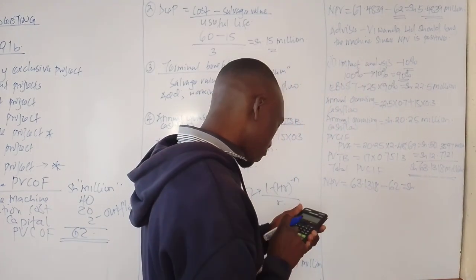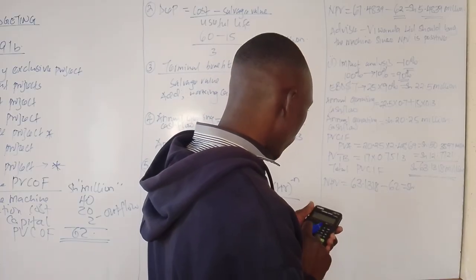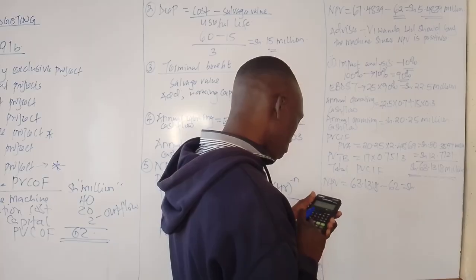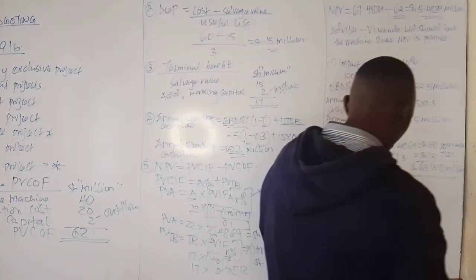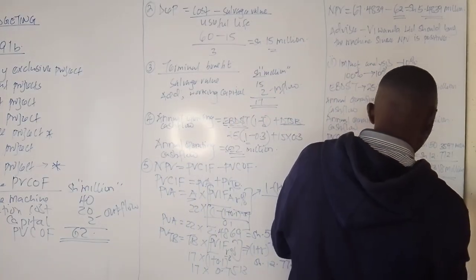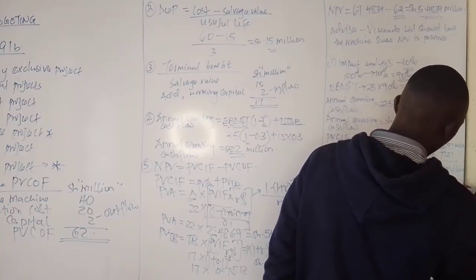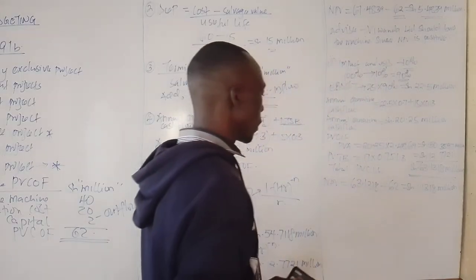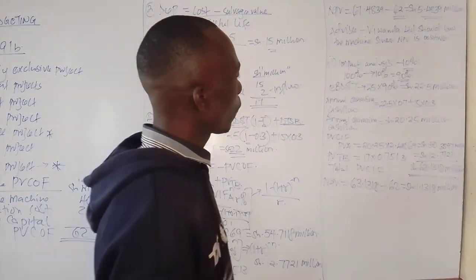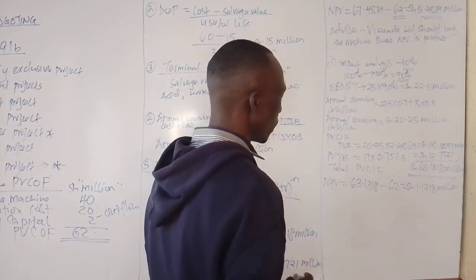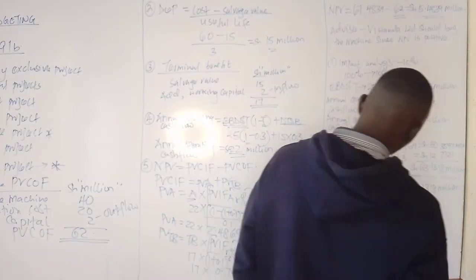We will take 63.1318 minus 62. We are going to get 1.1318 million. So that is the NPV. If we affect our savings by 10%, the NPV is changing from this.